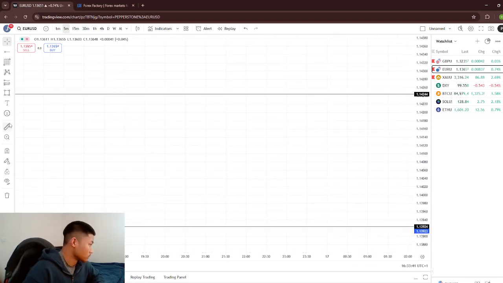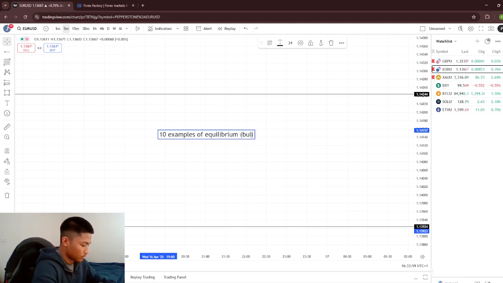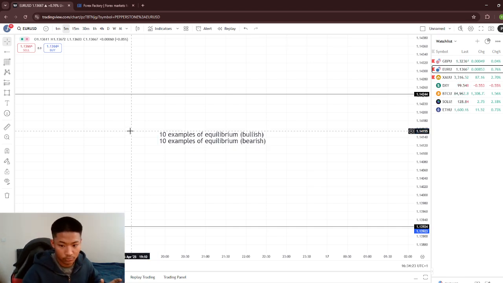But your homework for today: 10 examples of equilibrium, so that will be bullish, and 10 examples of equilibrium, bearish. Okay. Simple. Nothing more.